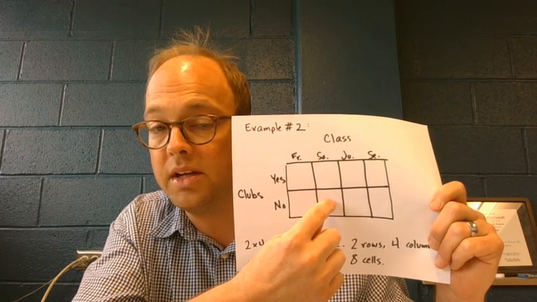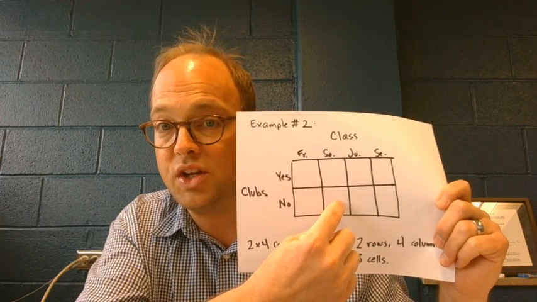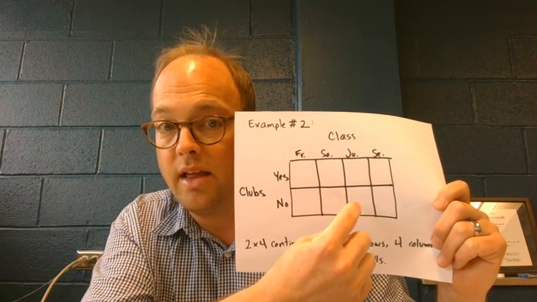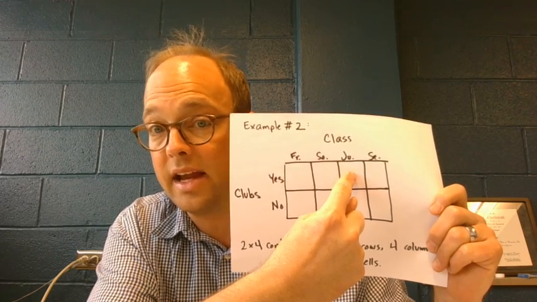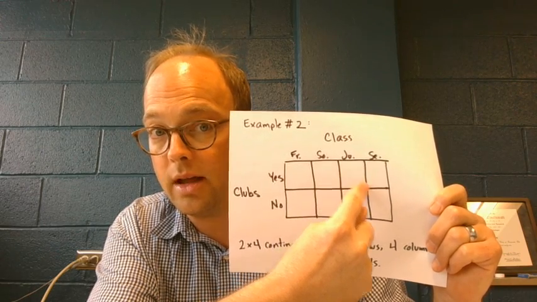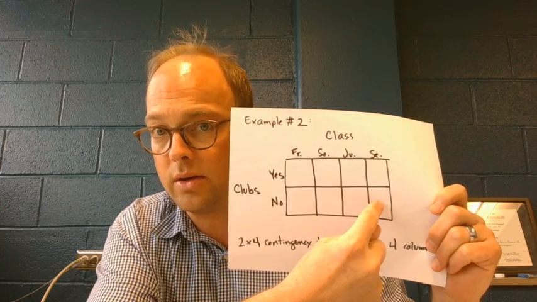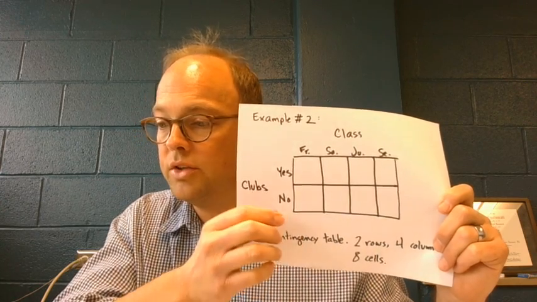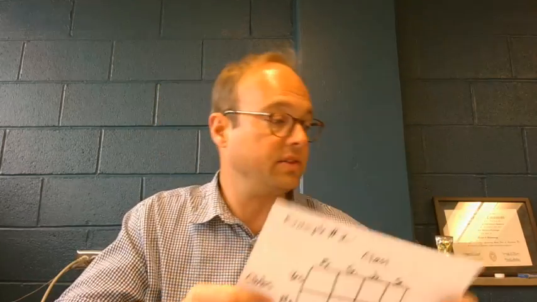This cell would contain sophomores that report not engaging in extracurricular clubs. This cell would be juniors who say, yes, I participate in extracurricular clubs. This cell would be seniors that say, no, I do not engage in extracurricular clubs. Okay, so 2x4 contingency table, 8 cells.